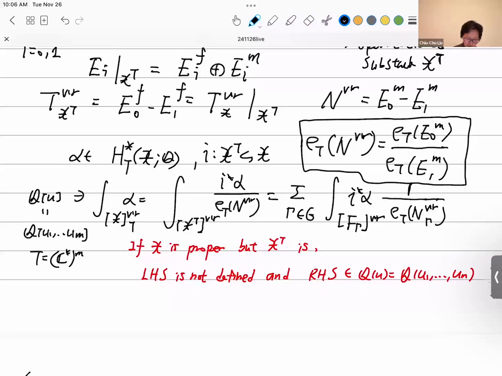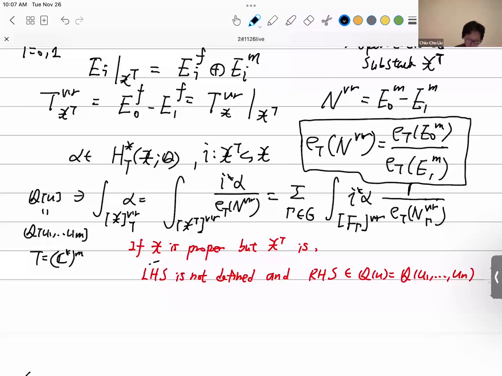And moreover, if the moduli space is not proper, then the left-hand side is not defined. But suppose that the moduli space of T-fixed stable maps is proper, then the right-hand side is still defined.